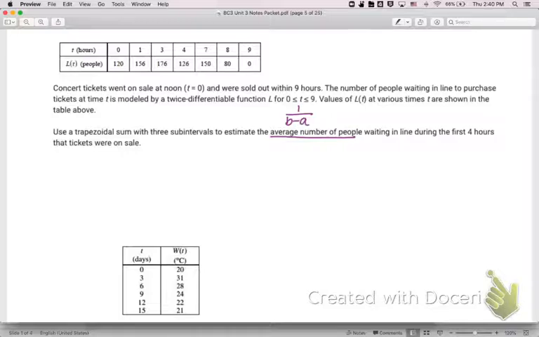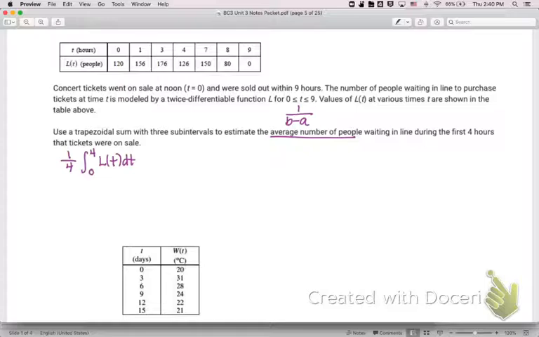And so if we're going from 0 to 4, that means we are trying to approximate the integral from 0 to 4 of L(t) dt. And to make that the average number of people, we want to multiply by 1 over 4 minus 0. So we want 1/4 of that value.